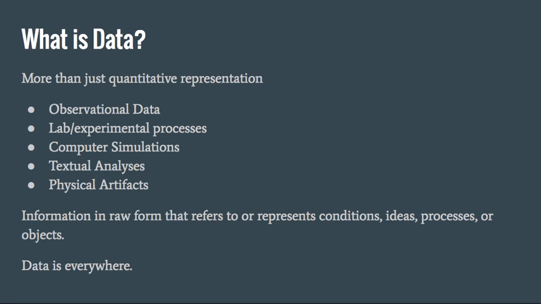Something like the amount of bacteria in a cell counted over and over again becomes data to make some argument about what those bacteria are doing. So data is really just information in its raw form, and it represents conditions, ideas, processes, or objects. And data is everywhere. We can turn just about anything we can see, feel, think about, touch into a piece of data, and it really just depends on how we're using it.